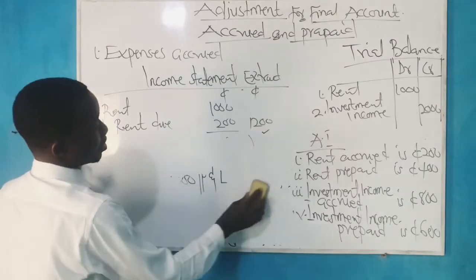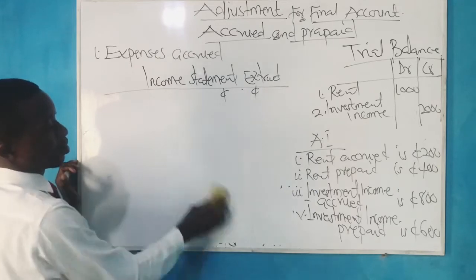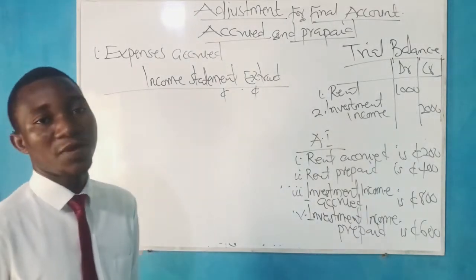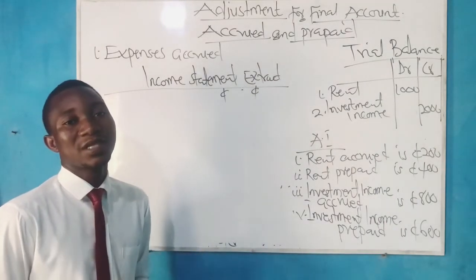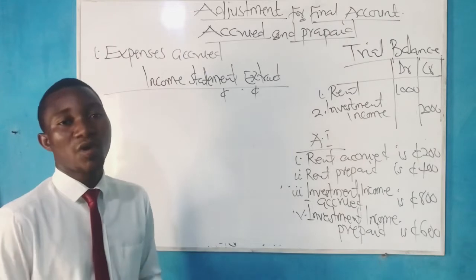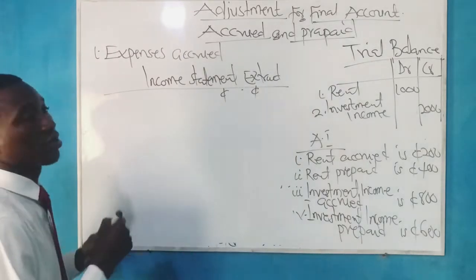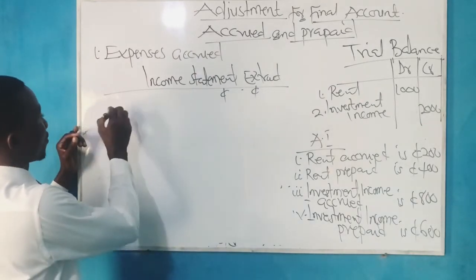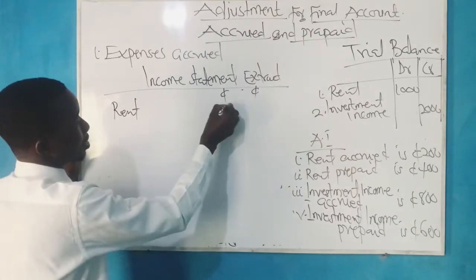So let's also consider expenses prepaid. Anytime there is an expense prepaid, the treatment is that you are going to less it from the expenses in the income statement and also add it to your current assets. Okay, that is the treatment. So this is how the extract of the income statement will look like. We'll be having your rent, the one being paid in the trial balance, which is 1,000 cedis.